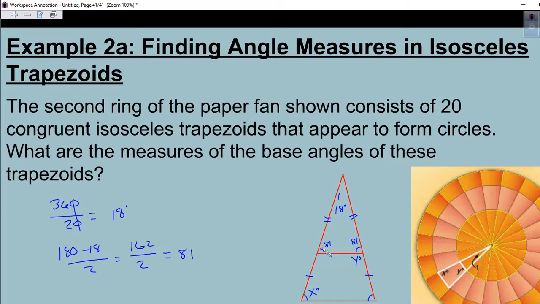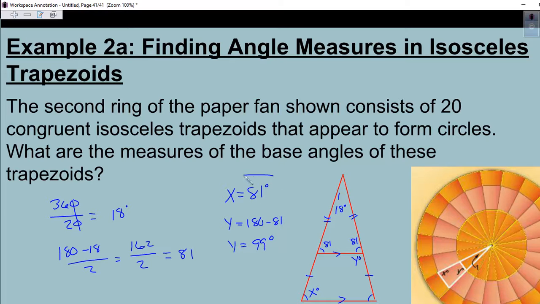Now, because of these lines being parallel, that creates a special angle pair here, which means these are corresponding angles, so x is equal to 81. Now, for y, notice that 81 and y form a linear pair. This forms a straight line. So to find y, we do 180 minus 81, which means y is equal to 99.